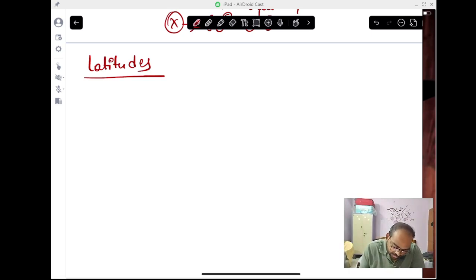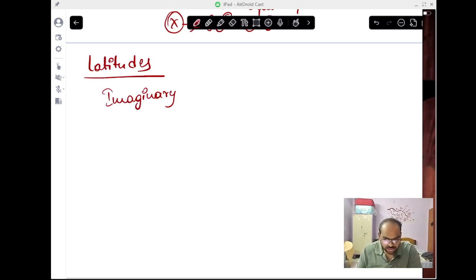Latitudes are imaginary. That means they are not naturally found on Earth. We just drew latitudes on a map or on a globe to mark or to locate certain places. Okay, they are imaginary in nature. First thing, they are circular. Second and third, they are horizontal.